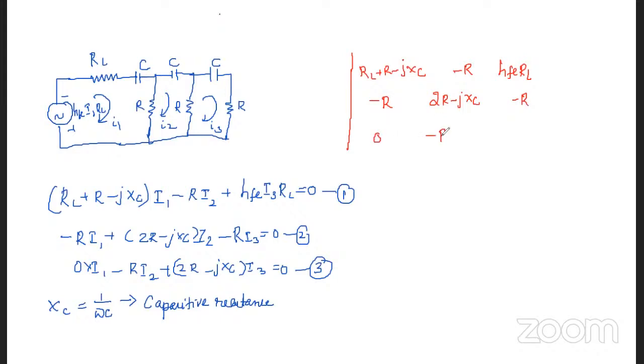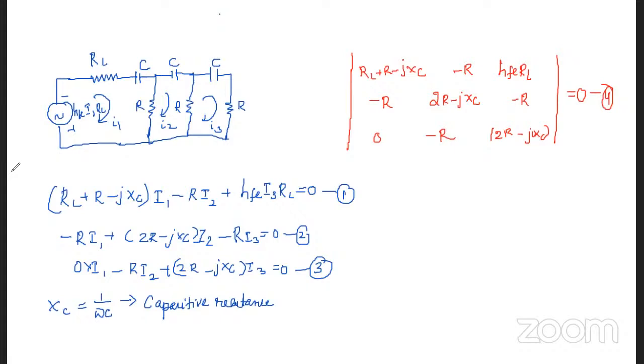Next is minus R, and the third is 2R minus jXC. This determinant should be equal to 0, so this we have to find out.